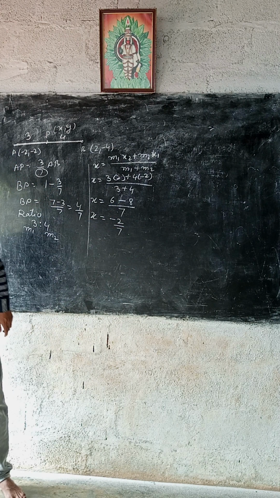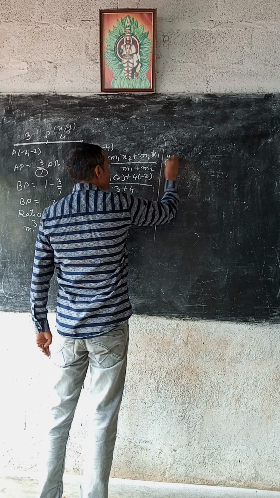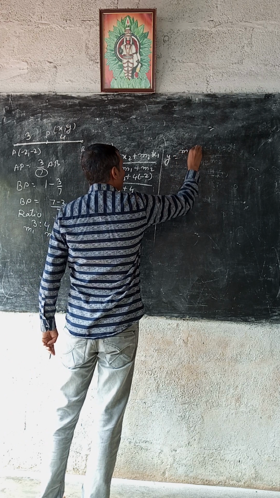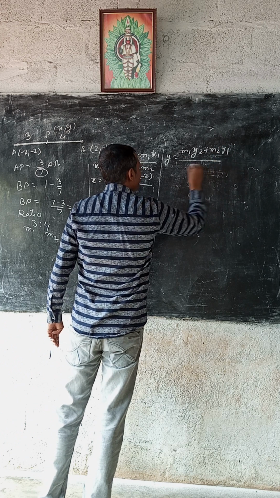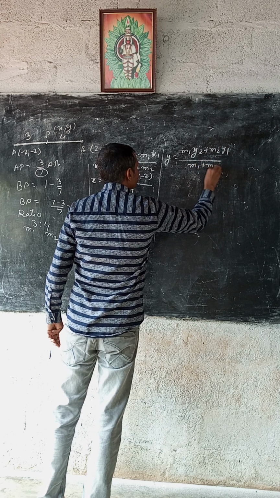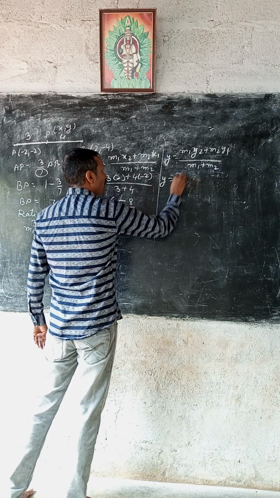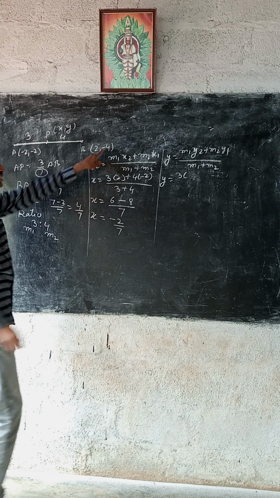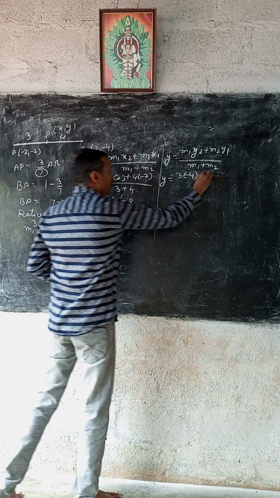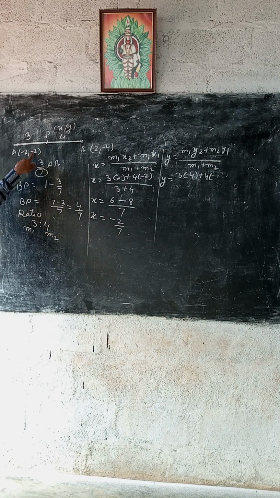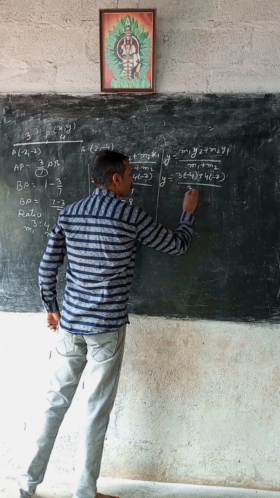Now we get the y value. To get the y value, we write y is equal to (m1 y2 plus m2 y1) by (m1 plus m2). Then y is equal to 3 times the y2 value, which is minus 4, plus 4 times the y1 value, which is minus 2, by 3 plus 4.